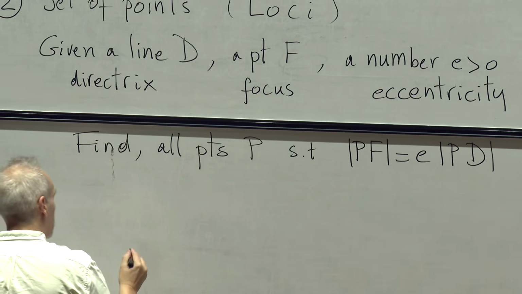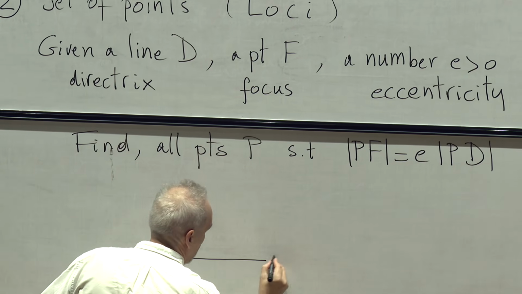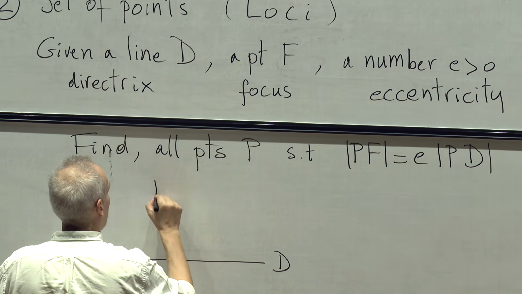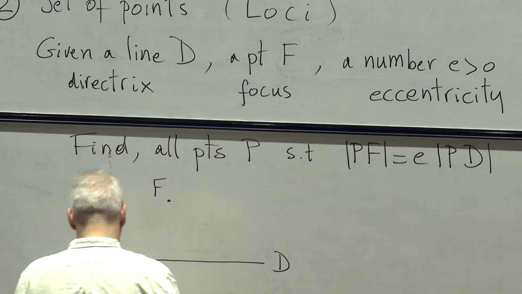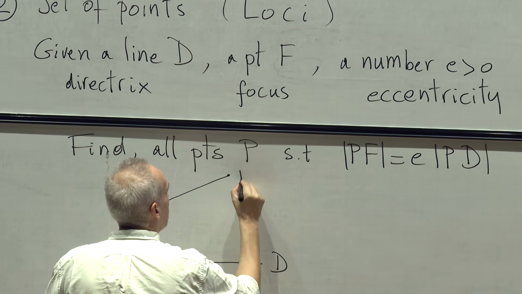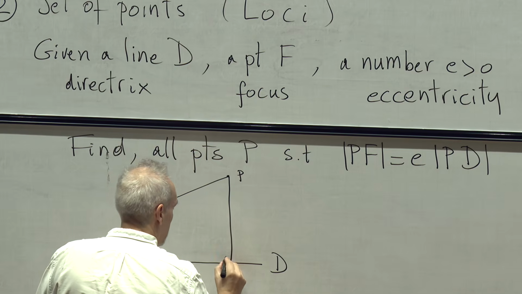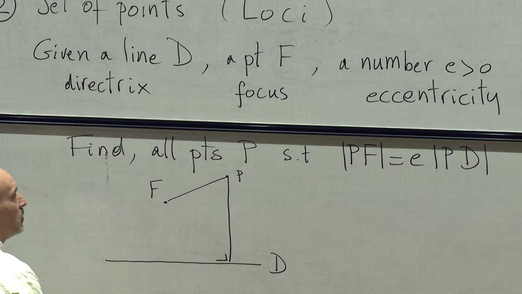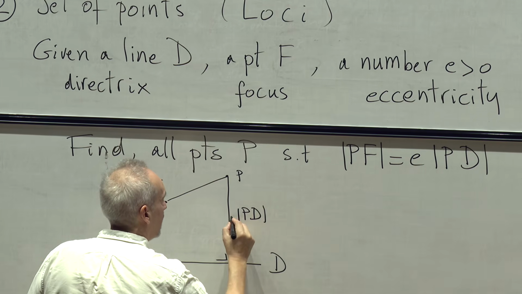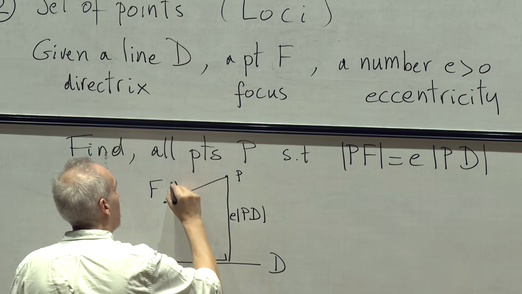Okay, so we have a line D in the plane. We pick an arbitrary point F, the focus, and we look at all the points P. So we look at the distance between P and D, so that's the distance PD times E, and that's PF.